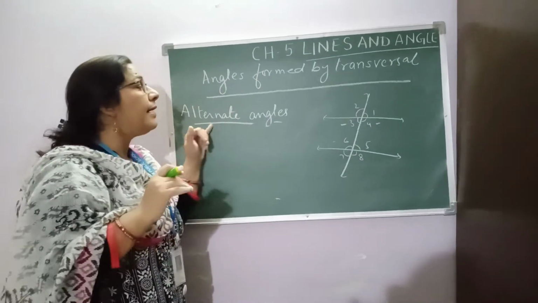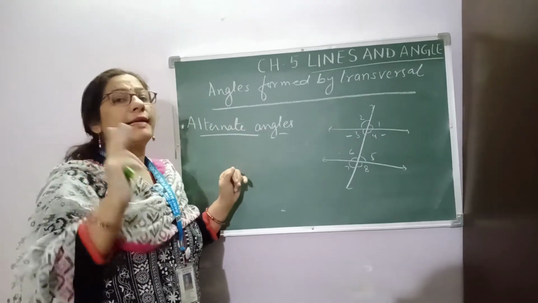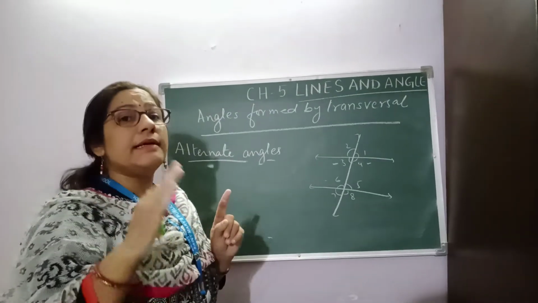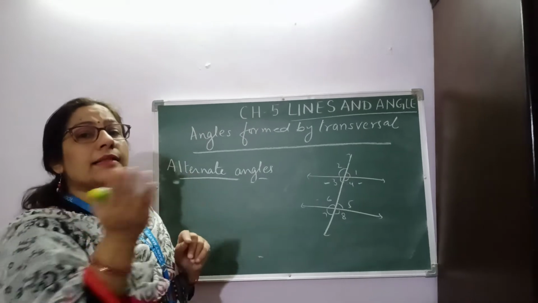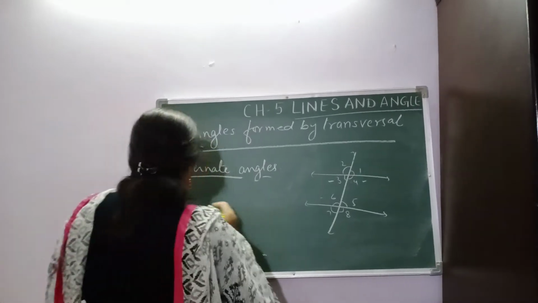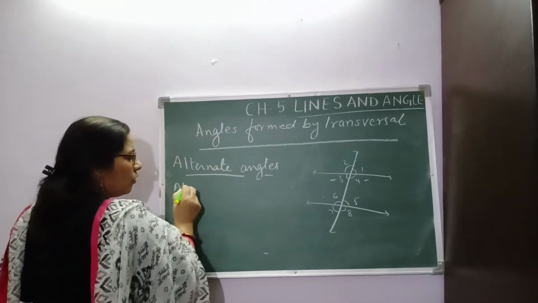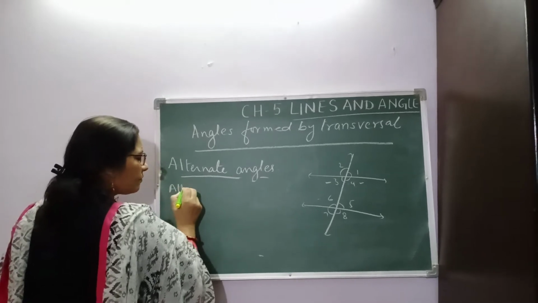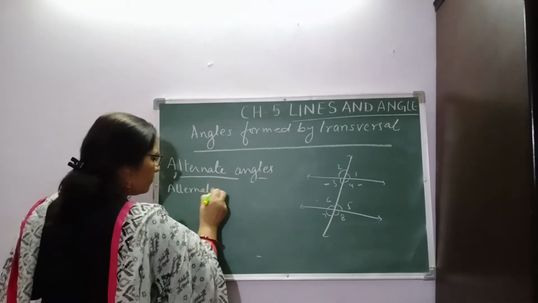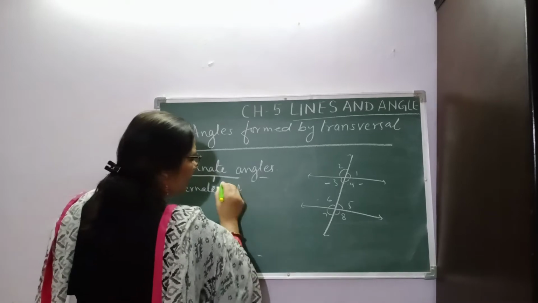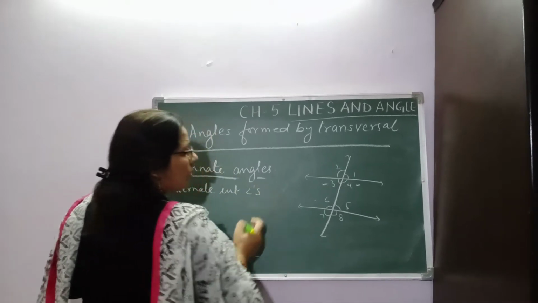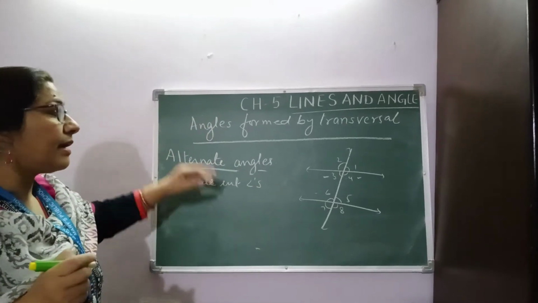So in alternate angles we have 2 categories: the alternate interior angles and the alternate exterior angles. So, alternate interior angles. How many alternate interior angles are there?